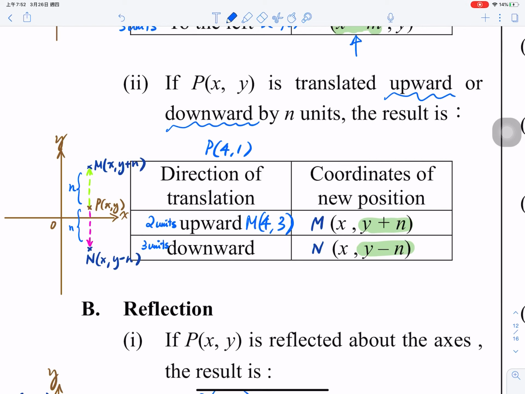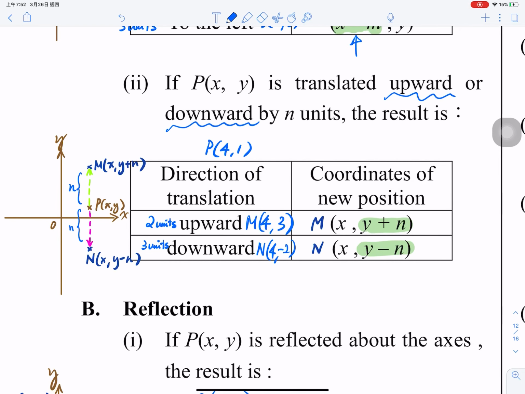How about downward? If now P, you translate 3 units downward. So N is (4, ...), okay, let's see. 1 here and then 3 units downwards, that means 1 minus 3. So it's -2. So N equals (4, -2).